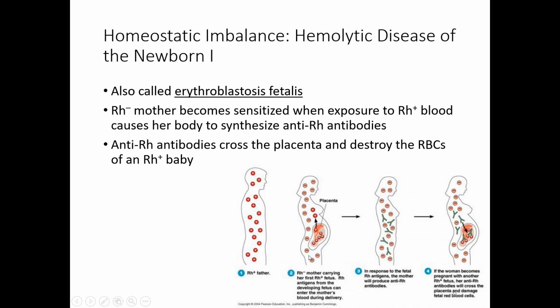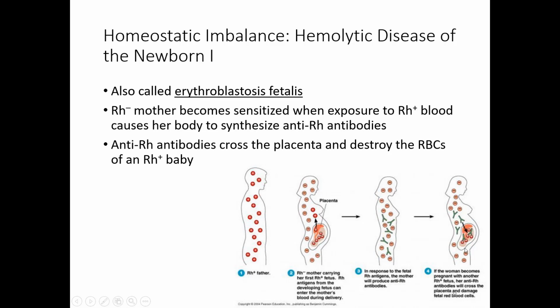It's her first pregnancy and she doesn't have antibodies yet. But during the delivery of that baby, some amount of its blood will get into the mother's blood. Rh antigens from the developing fetus can enter the mother's blood during delivery. In response to that, the mother's blood will produce anti-Rh antibodies.